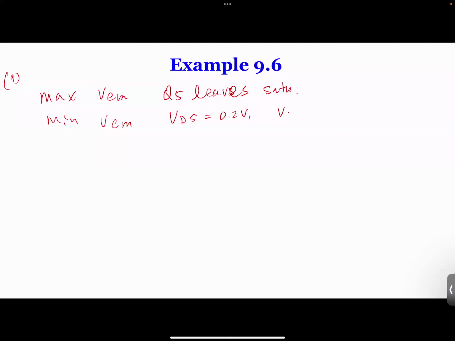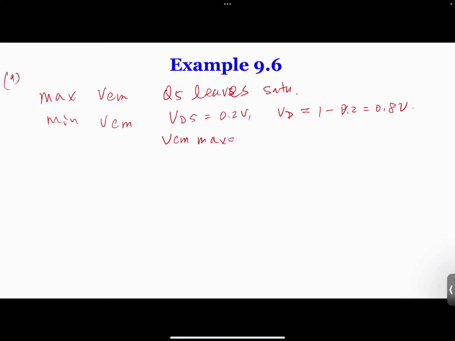So at the amplifier, VD1 is going to be 1 volt minus 0.2, which gives you 0.8 volts. And so this is 0.8.